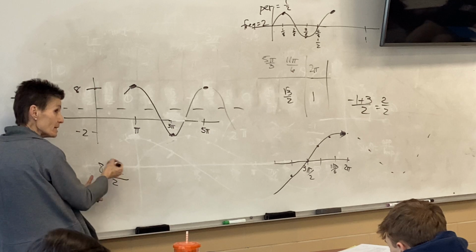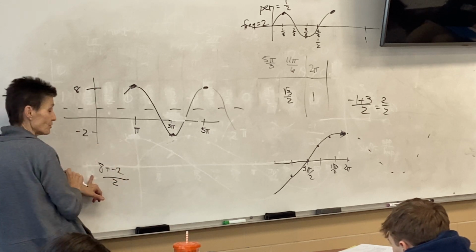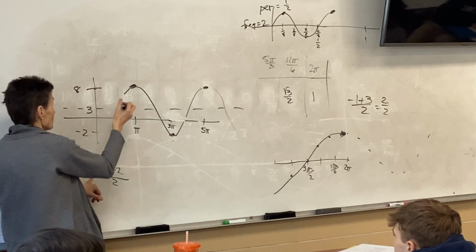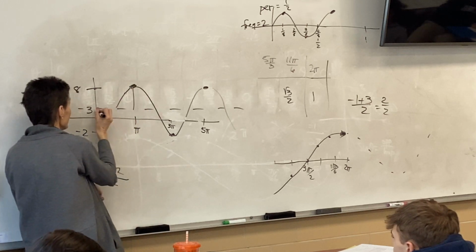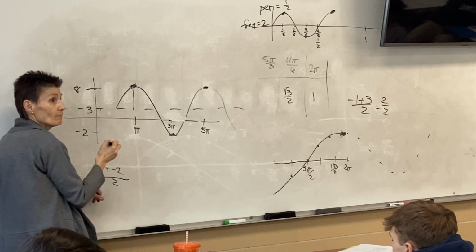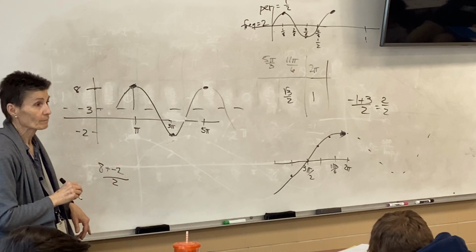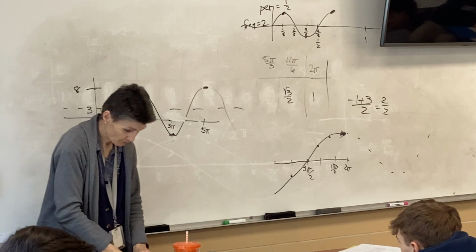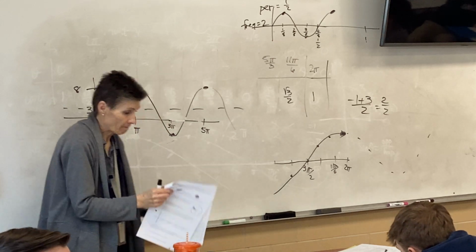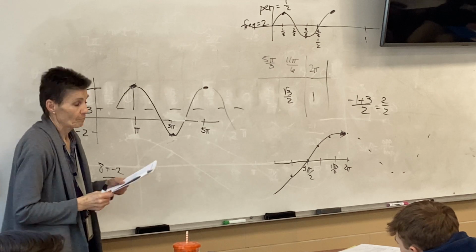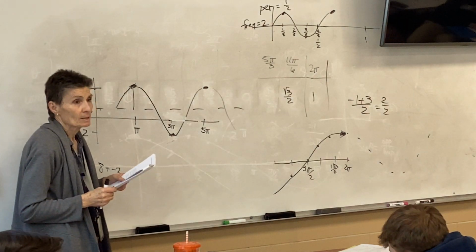The average of 8 and -2 is 3. So the hill is how tall? 5? So that's your amplitude. Oh boy. Here we go.